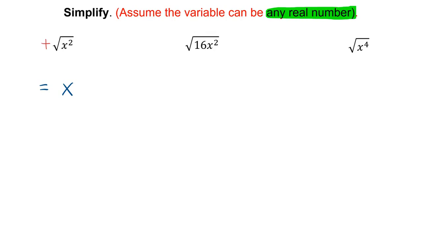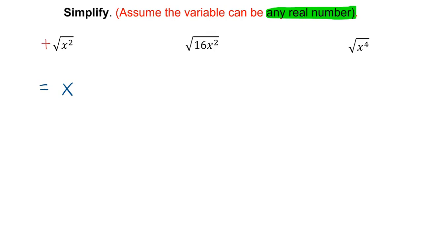So that means I don't know if x is a positive number or if it's a negative number. If x is a positive number, we don't have a problem because we were looking for the principal root of x squared. And if x is a positive number, then we've found the principal root of x squared.